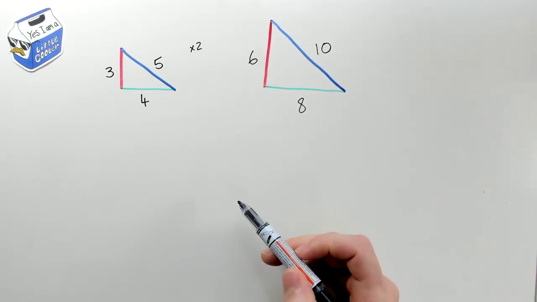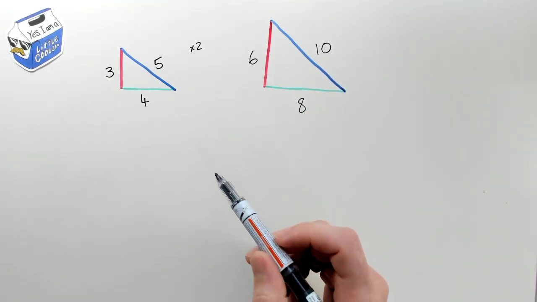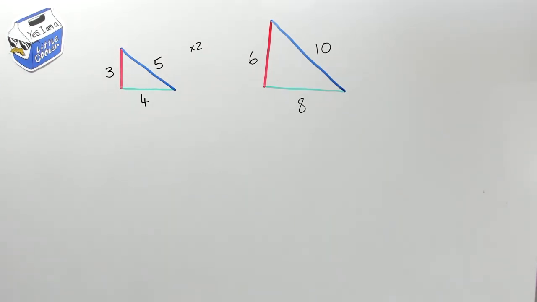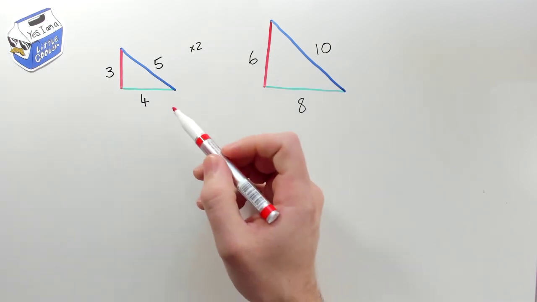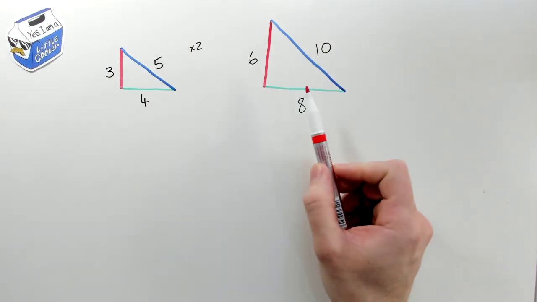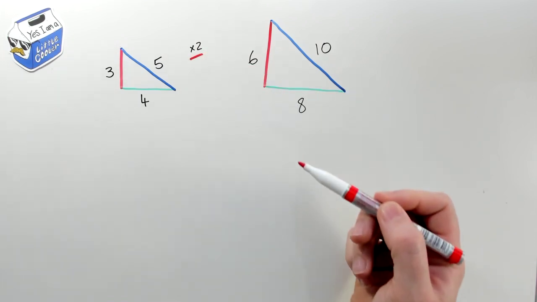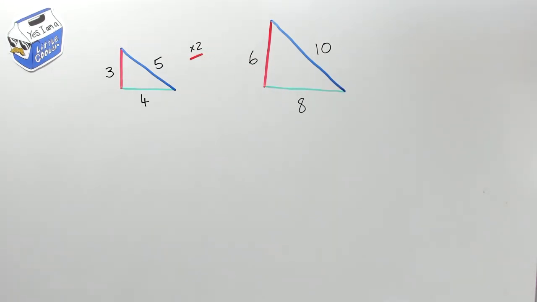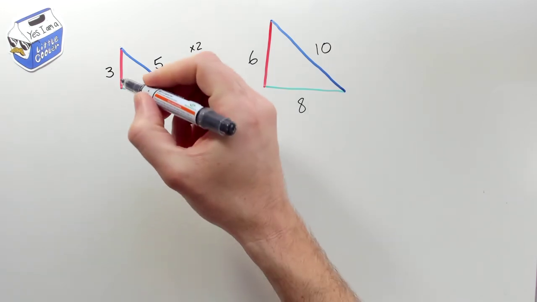Now, there are certain deductions we can make, or little tricks we can use when we work with this. The side lengths have a certain ratio, like I said, we multiply them by a certain number. But something different we can also see is that the angles in similar shapes will always be the same.